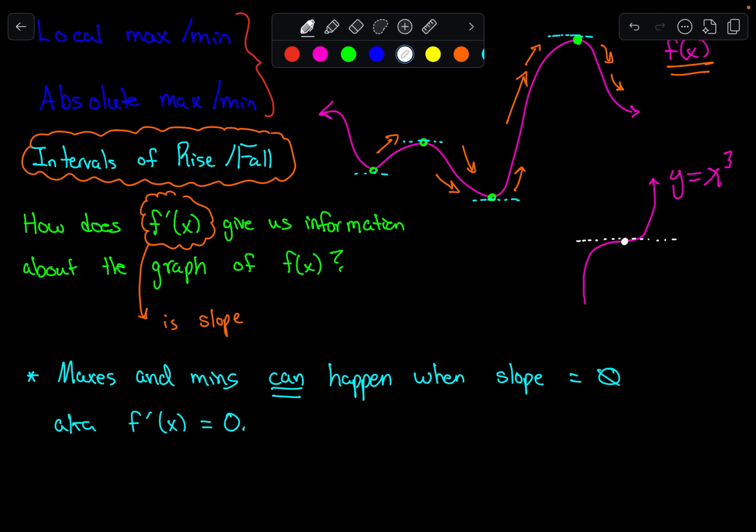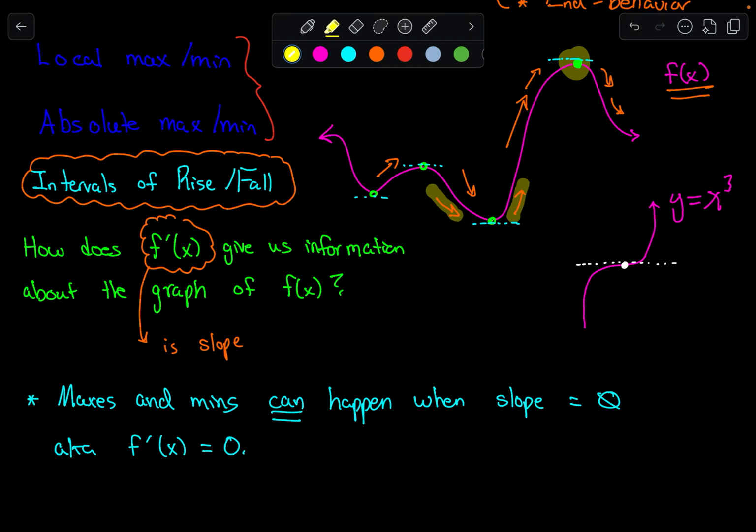So when I say maxes and mins can happen when the slope is equal to 0, we're going to need to look at a little bit more. It makes sense: for a minimum, the slope beforehand is going down, and afterwards it's going up, and vice versa for a maximum, where the slope has to be going up and then going down.